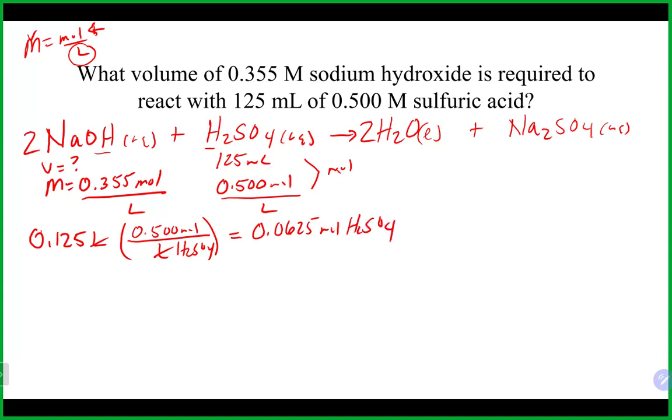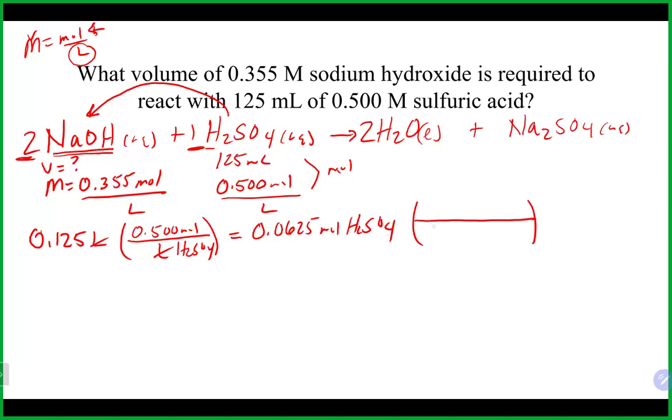As we talked about previously, we're not interested in sulfuric acid. We are interested in the sodium hydroxide. So this is where our third step comes into play, so that we can go from moles of sulfuric acid to moles of sodium hydroxide. In this case, from the equation, it is a 2-to-1 relationship, not a 1-to-1 like we've been seeing.